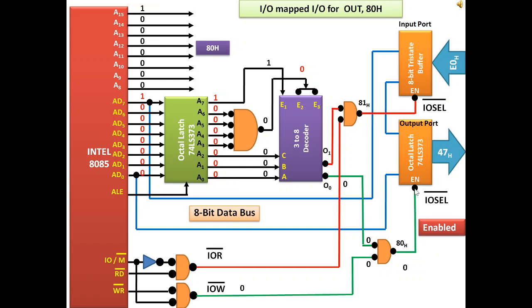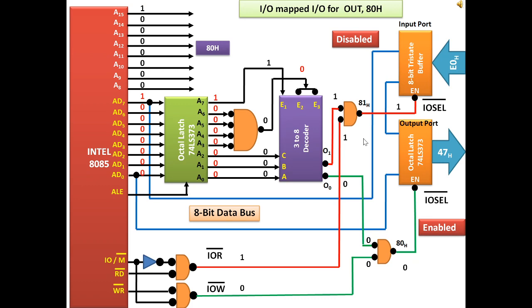But what about the other port? The other port, you can see, since it is 000 here, this O1 will be high, and when the microprocessor is in the write mode, it cannot be in the read mode. So this is high. So 1 and 1 will create a 1 at the output, and hence the input port is presently disabled.